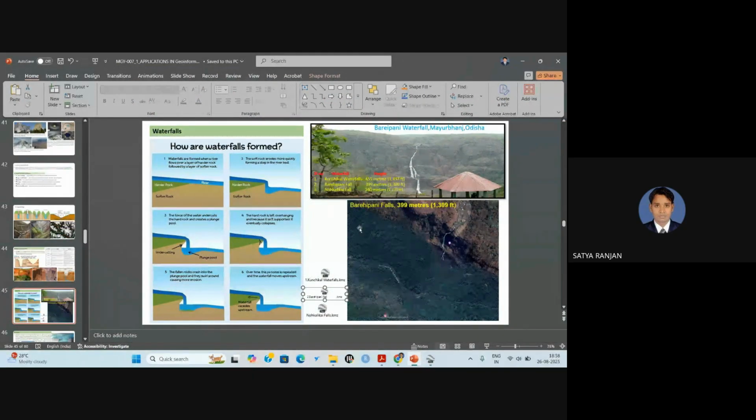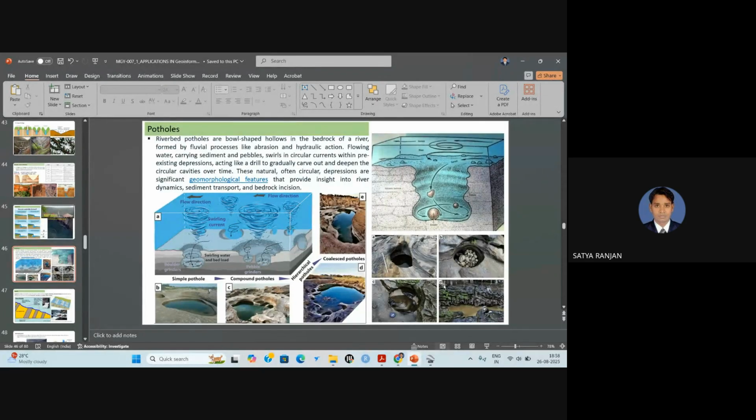Then this is the waterfall related thing. Then potholes are there. Potholes are generally rocks eroded by the river. When the river flows through the upper areas, a lot of rocks are there on the ground.